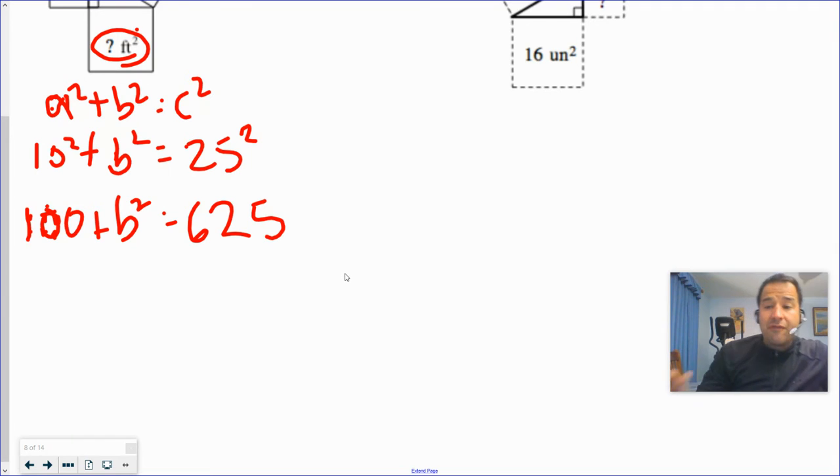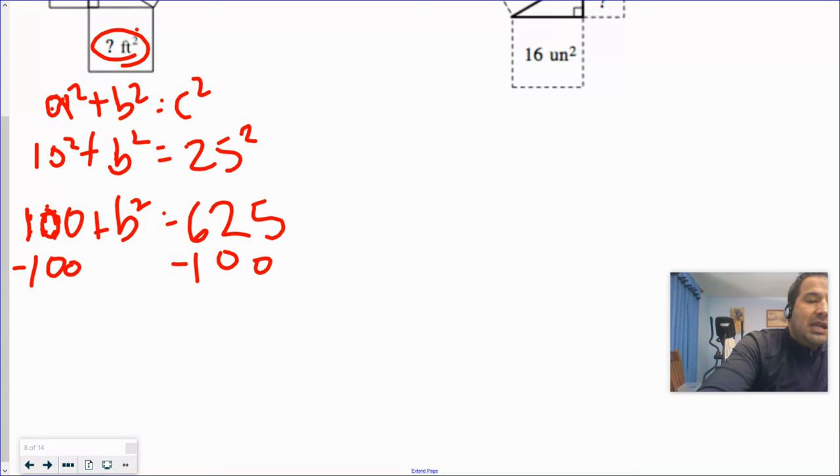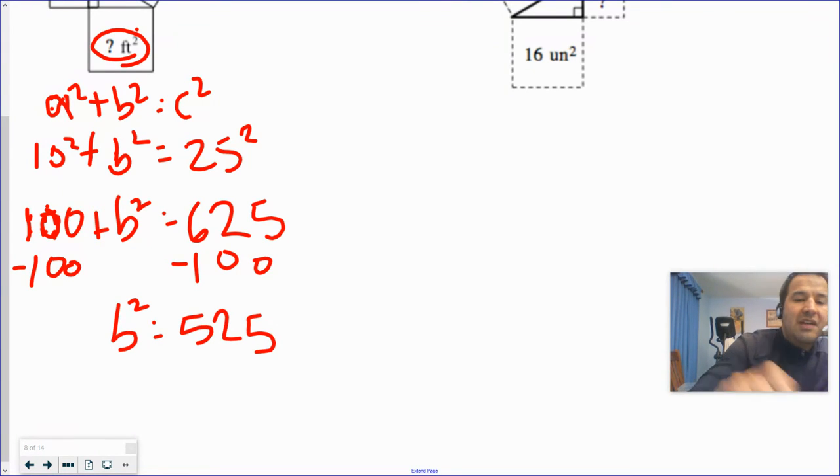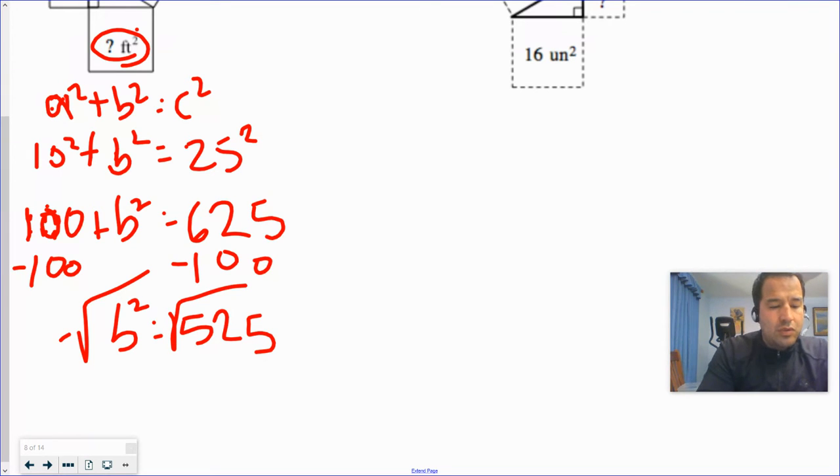So I solve for b. How do I do that? I subtract 100 from both sides, and I get that b squared equals 525. And then to get the b alone, I have to do the square root. So I do the square root on this side, and I have to do the square root on that side. So the square root of 525 is, well, I want you to round to the nearest hundredth.